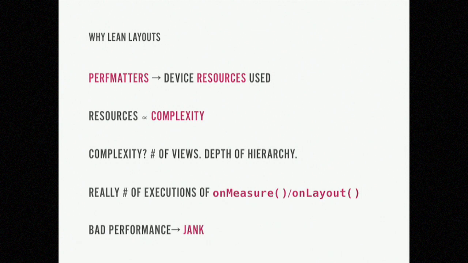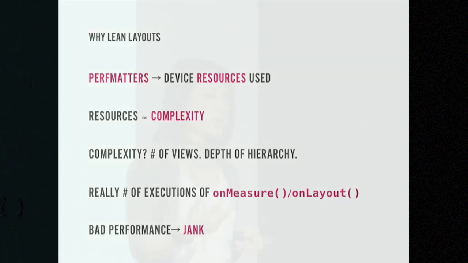And really, when we're talking about complexity, about depth, about the number of views, we're really talking about how many times two methods get called, and that's onMeasure and onLayout. These are methods called in the process of bringing your layouts to life onto the screen. You could write 100 apps, 1,000 apps, where these two methods work just fine, and you have no performance problems.